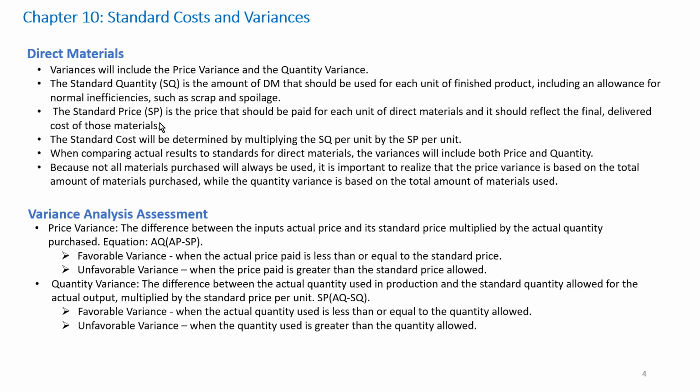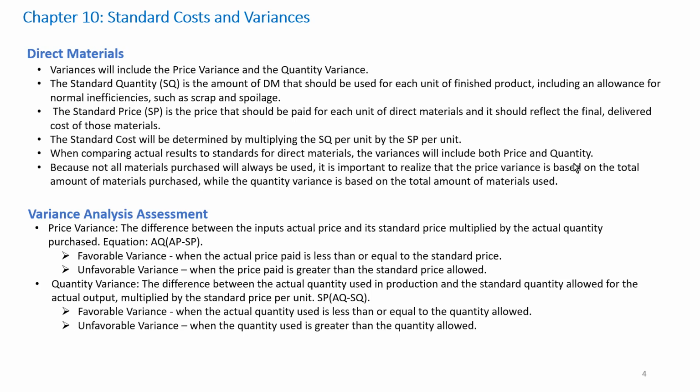The standard price will be the price that should be paid for each unit of direct materials, and it should reflect the final delivered cost of those materials. The standard direct material cost will be determined by multiplying the standard quantity per unit by the standard price per unit.